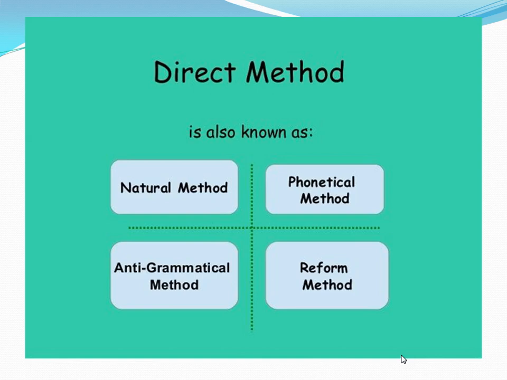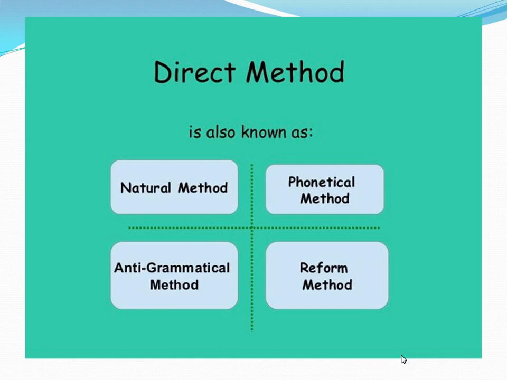And after such continuous appeal and criticism from linguists and researchers, we got a method after GTM that is called the direct method. For this reason, the direct method is called the reform method. Reforming the grammar translation method, we got the first method in English language teaching or foreign language teaching.